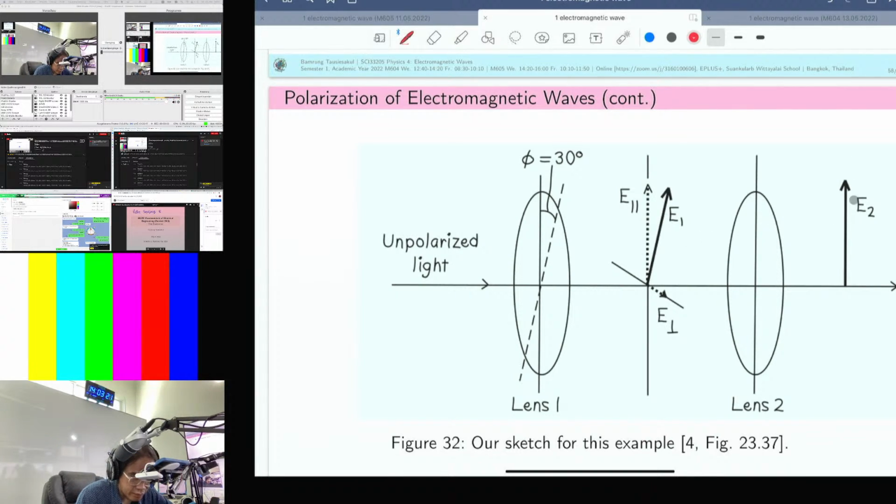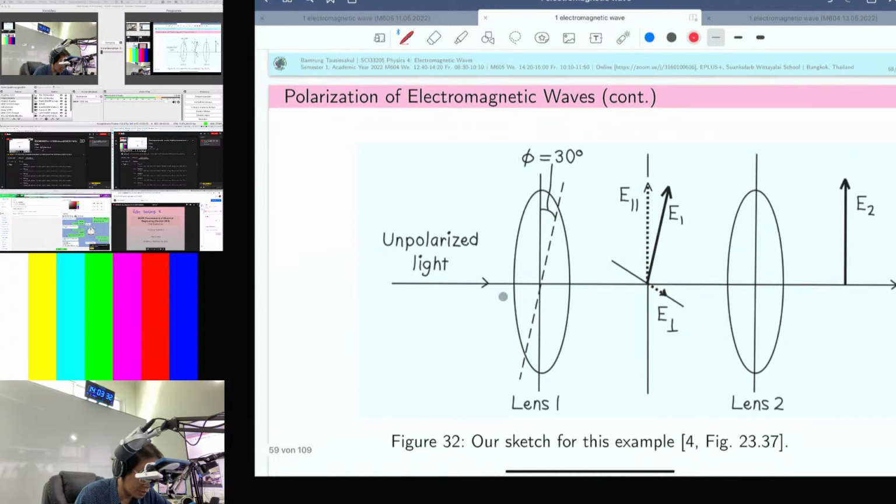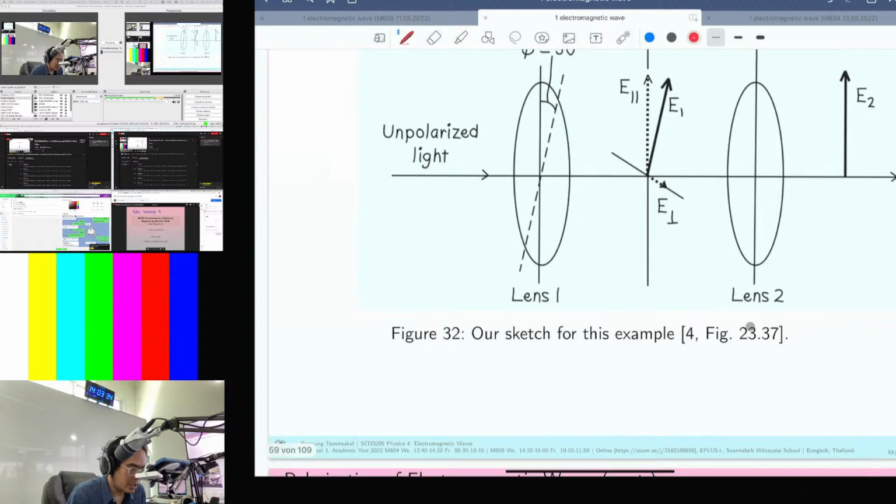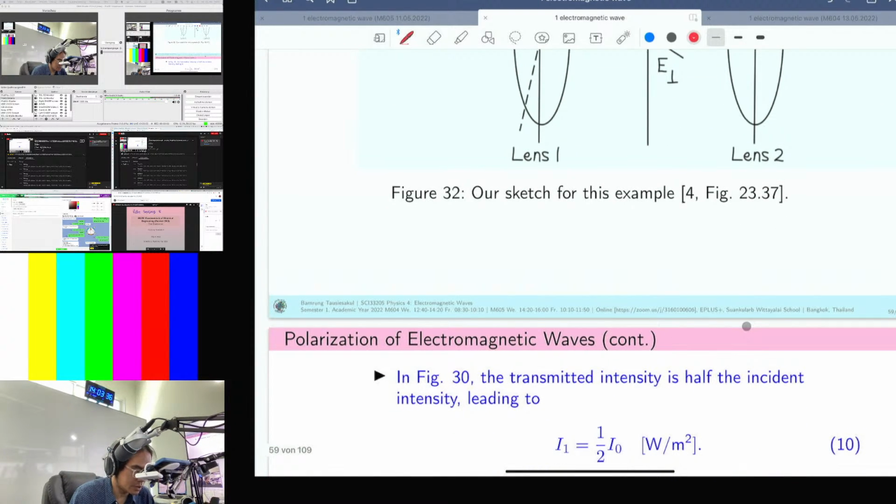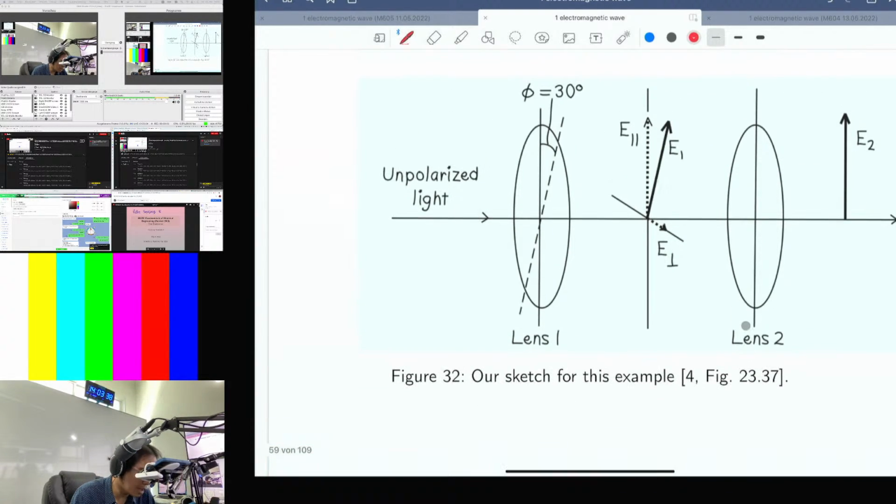So the outcome will be the wavelength that has the E field in the vertical orientation like this. This is the first lens, this is the second lens. We could do it by using the Malus law.